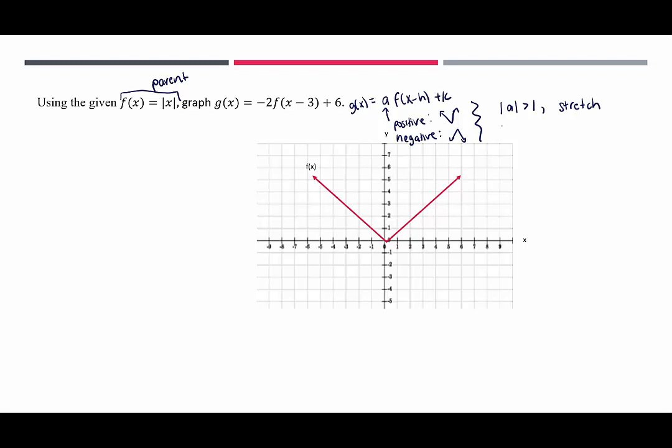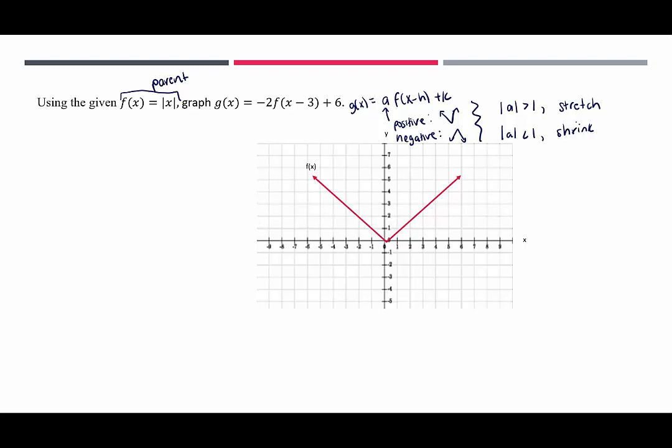And if it's less than 1, then there's a shrink. If it equals exactly 1, then there's no stretch or shrink, and it would maintain that same shape, the same slope of the two rays that we see. But a stretch would pull it up, making it closer to the y-axis, and a shrink would widen it and make it a little bit flatter, closer to the x-axis.